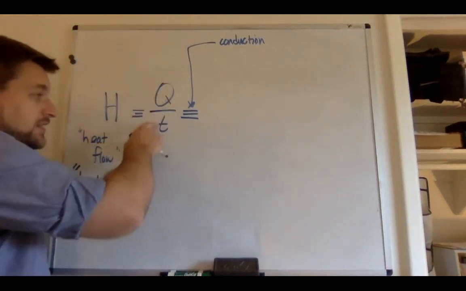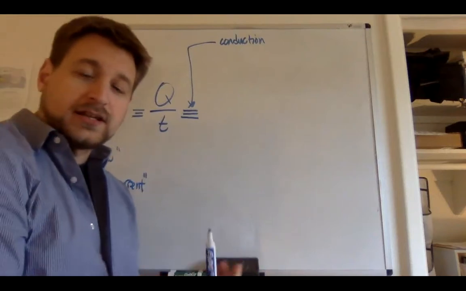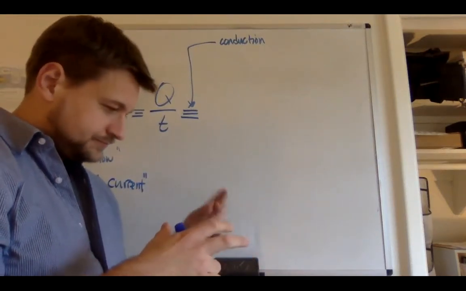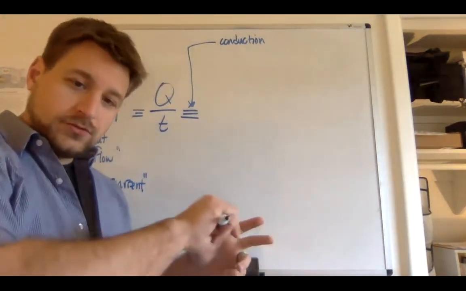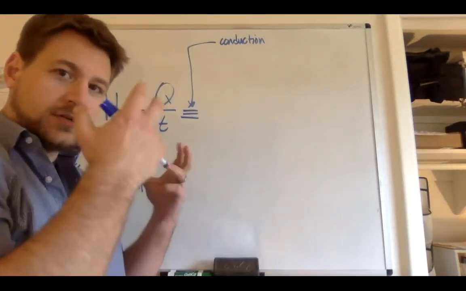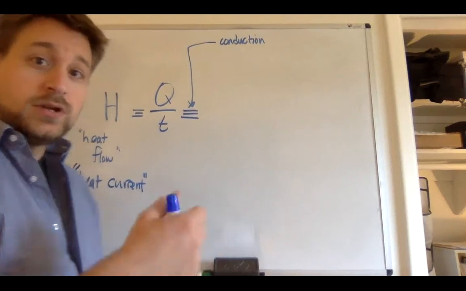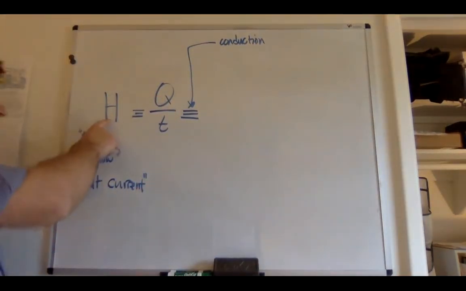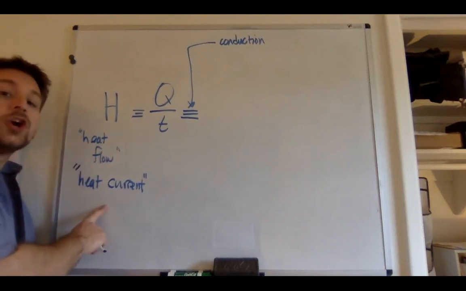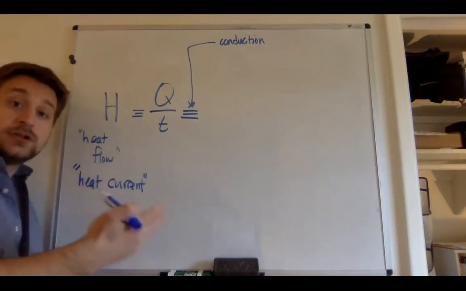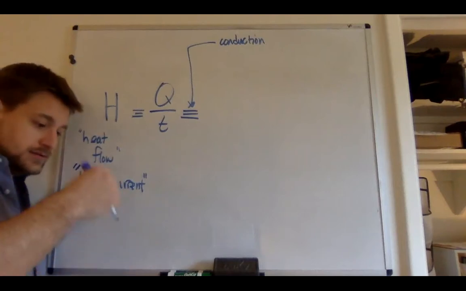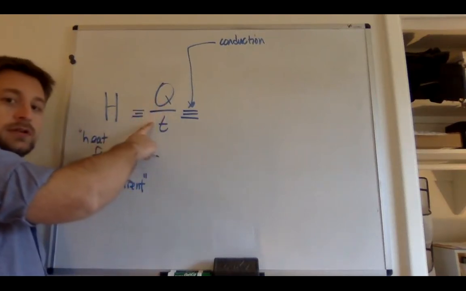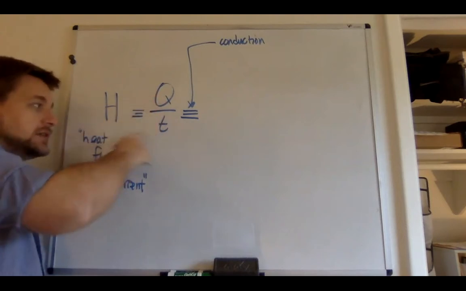One way to think about this is like if you've got a Bunsen burner or a burner on a stove, if you turn up the flame, then in the same amount of time, we're doing more Q. Let's define it as capital H, heat flow or heat current, like electrical current. The heat is moving at this rate, where we are heating so and so much every second.